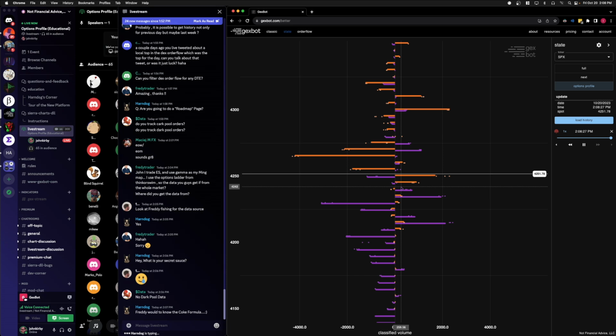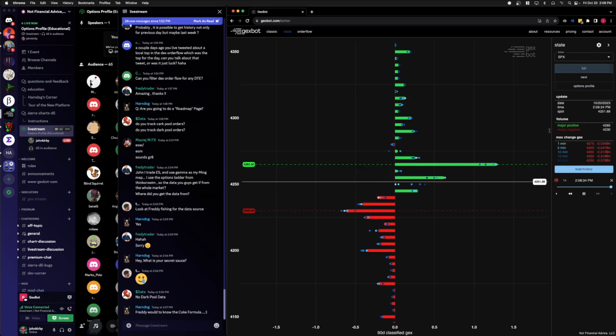Just to remind everybody, I'm still in the camp that we're just muddling around here, especially because of this mess of a strike that's just capping us. And then most likely, as these puts start to decay, we do end up towards the end of the day, probably after 2:30, making our way up and tapping it at some point. The basis for that is just the fact that we're not selling off.